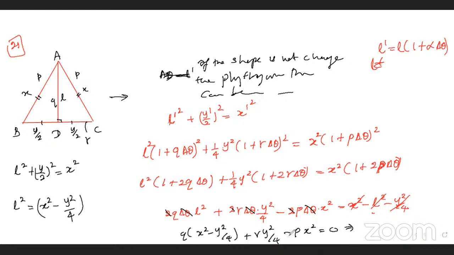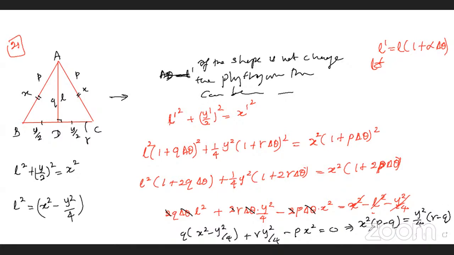Now take this x square to one side. The x square you can take out, so then p minus the value, and the y square you can take out, r minus q.